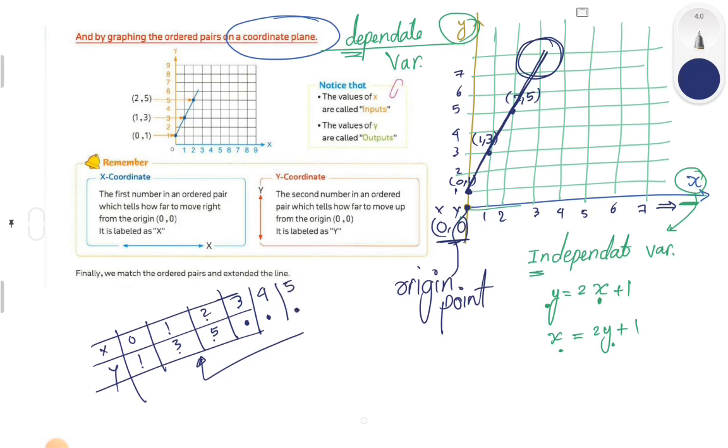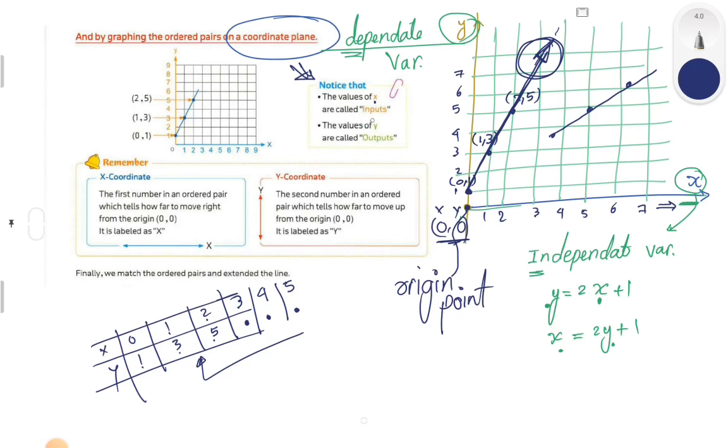That means this line is infinite, it will continue in the same direction. We just have some points, we match them and have some extended line. It's not the end.